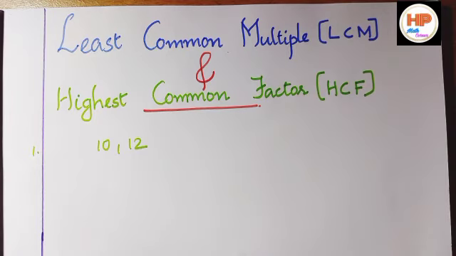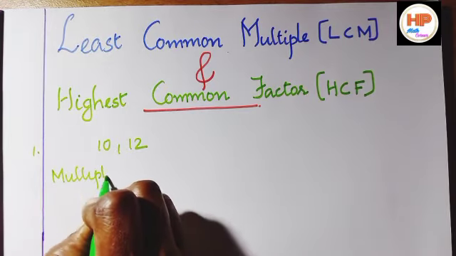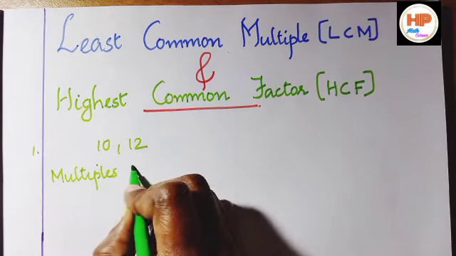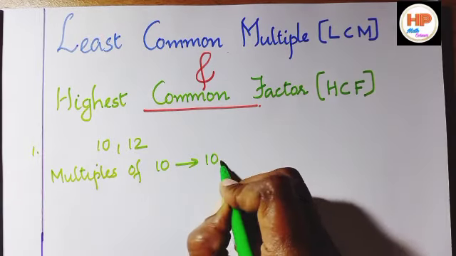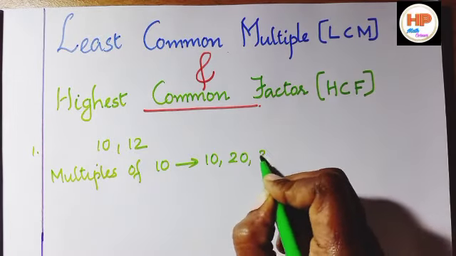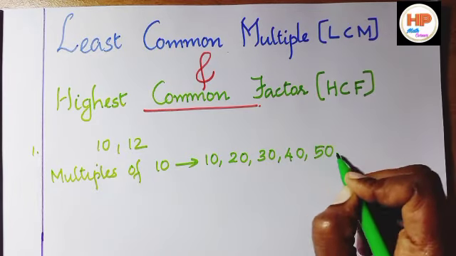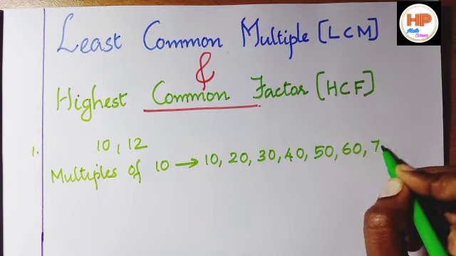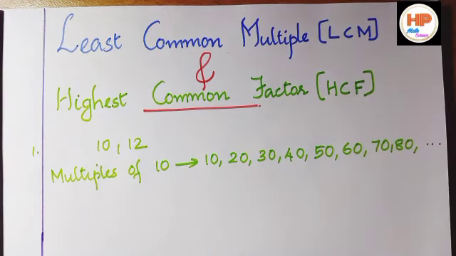We know that multiples of 10 are 10, 20, 30, 40, 50, 60, 70, 80 and so on.